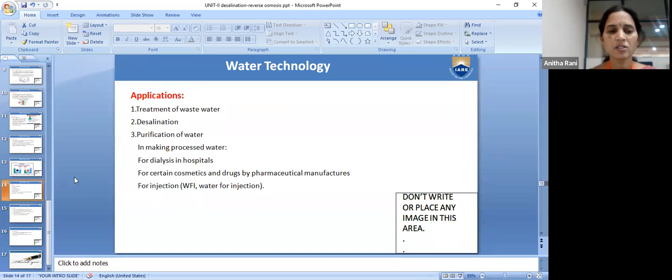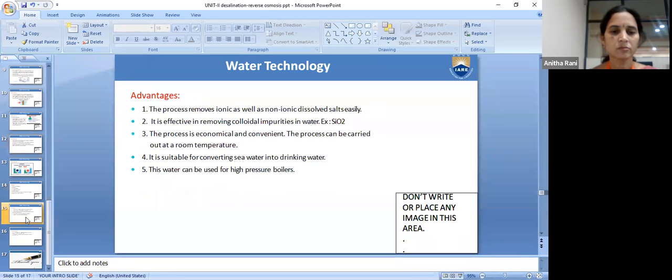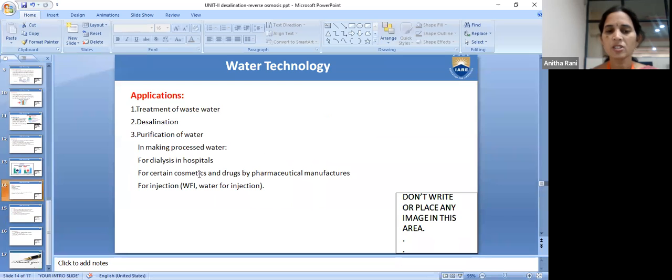We are using it in high pressure boilers, drinking water, hospitals and pharmaceutical industries. So either for domestic purposes or for industrial purposes we are using RO water.